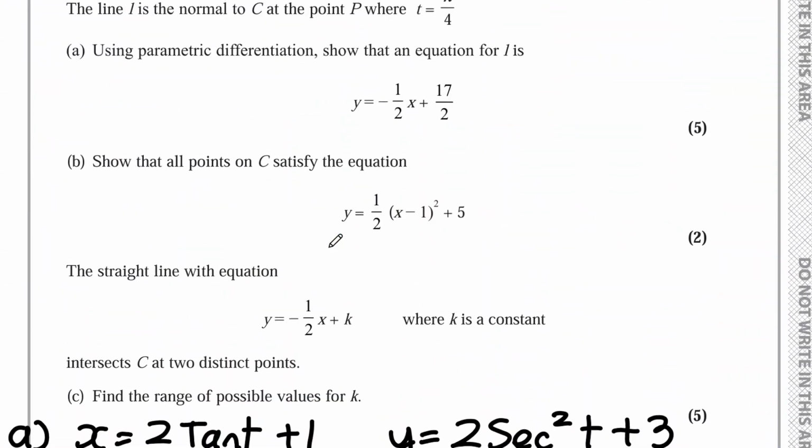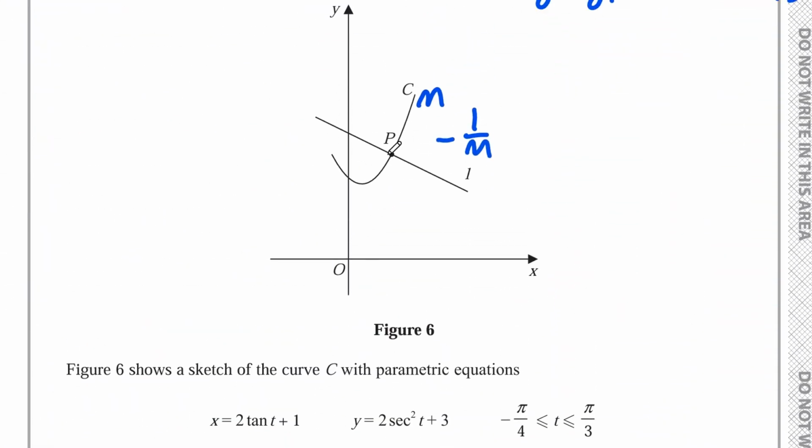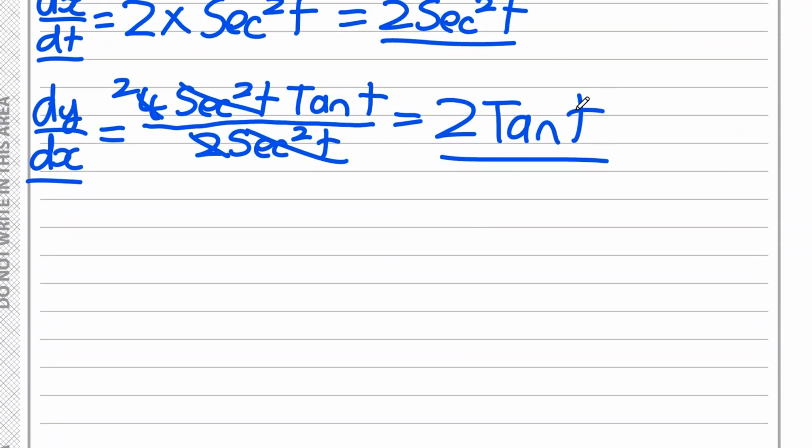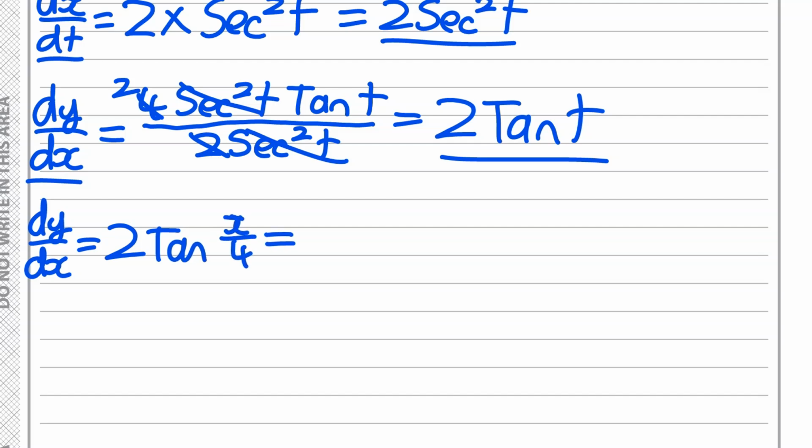Now we need to find the gradient of the curve at this point P, and we are told that this point P is where t is equal to pi over 4. So we can sub in t is equal to pi over 4 here. So we can say that dy over dx is equal to 2 tan of pi over 4. Tan of pi over 4 is equal to 1, so this is going to be 2.